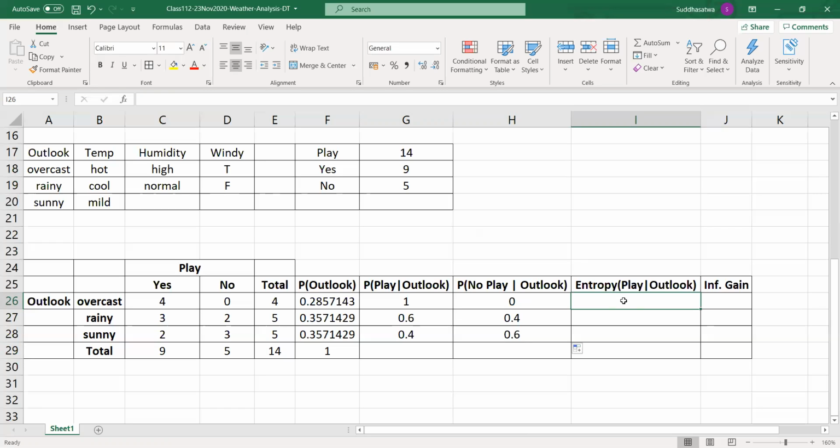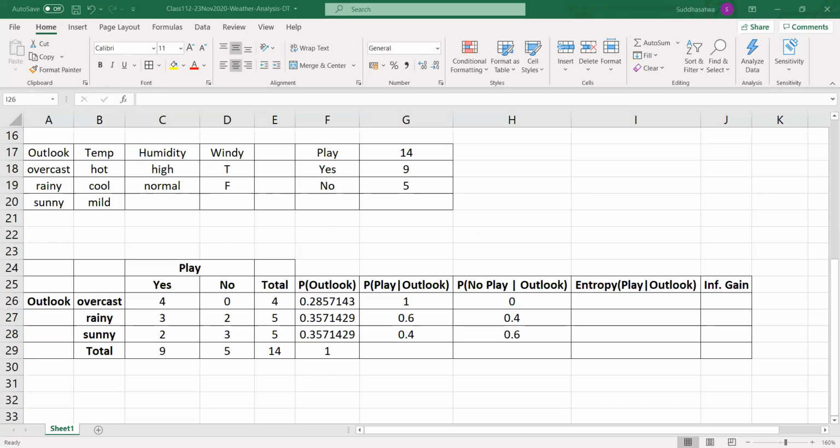Now let's calculate the entropy. First of all, we need to look at the formula. How do we define entropy, right?